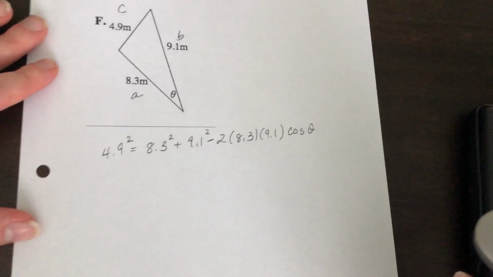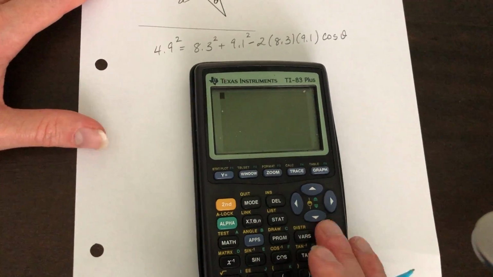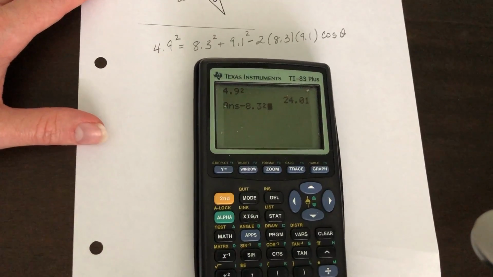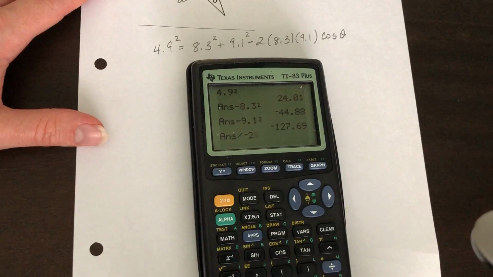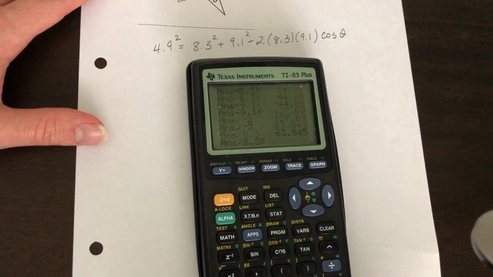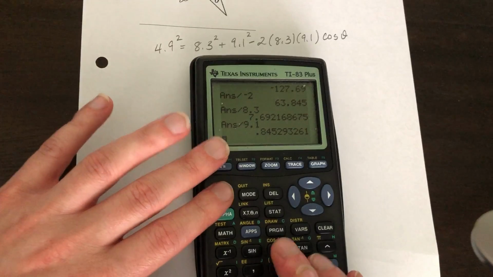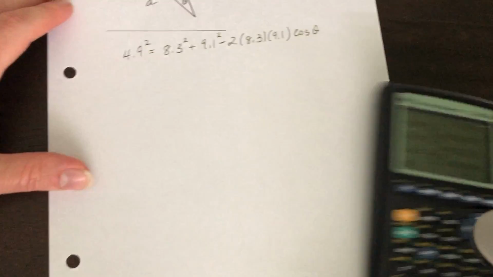So anytime I'm looking for an angle, I have to use inverse trig. So I'm going to put it in the calculator. I'm going to do 4.9 squared minus 8.3 squared minus 9.1 squared divided by negative 2 divided by 8.3 divided by 9.1. Hit enter and then inverse cosine of the answer and you get 32.297 degrees.